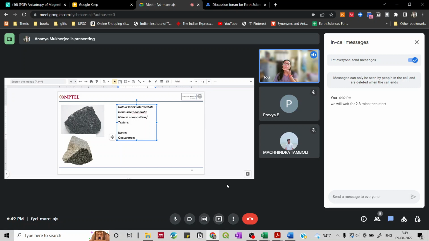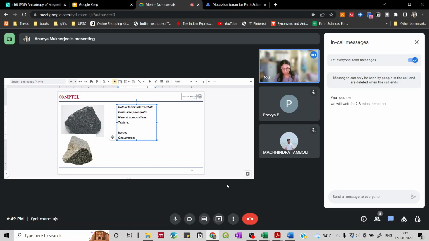The mineral composition for this rock has plagioclase feldspar, which is mostly sodium and calcium feldspars, and it has some amount of pyroxenes, like the mafic minerals. It has an equal quantity of silica-rich minerals and silica-poor minerals.